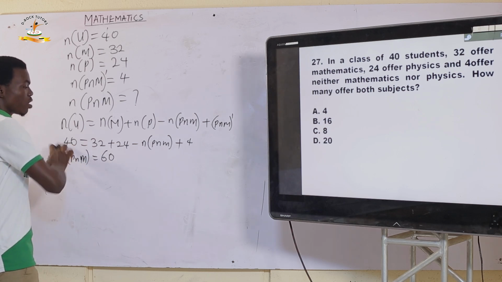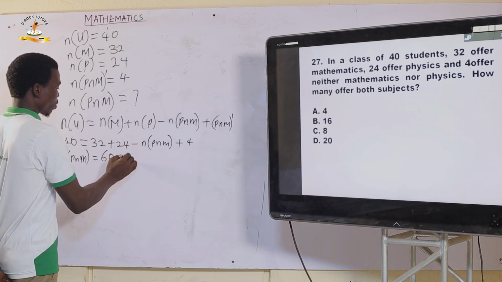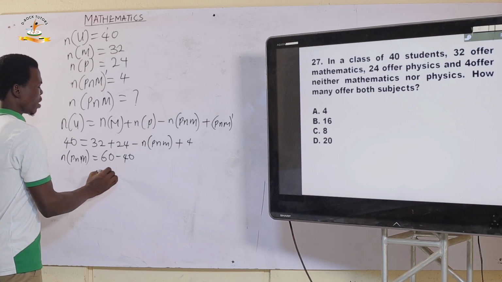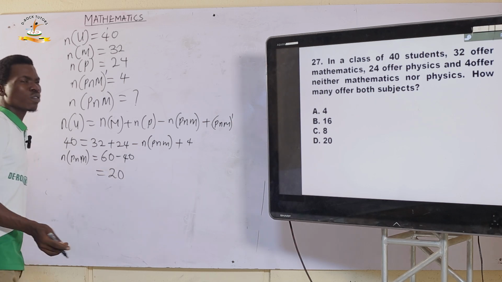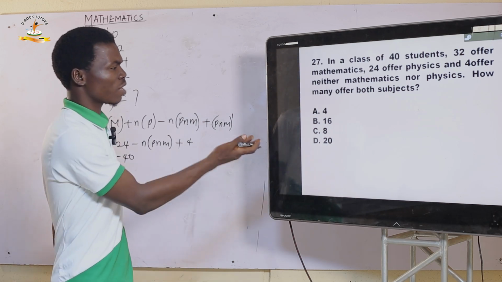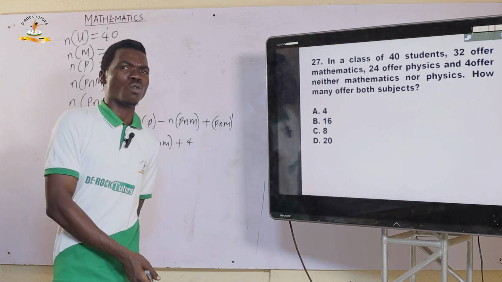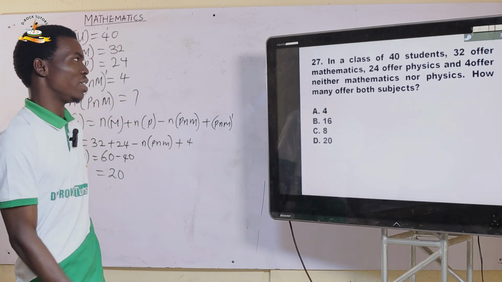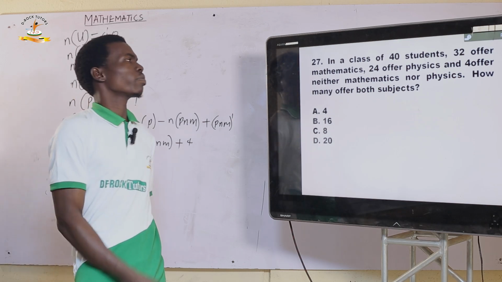Then this 40 is coming here, it becomes minus 40. And you can see that is 20. Those are the number of students that are offering both physics and mathematics. And we look at our options, the right one is option D. So we go to the next question.